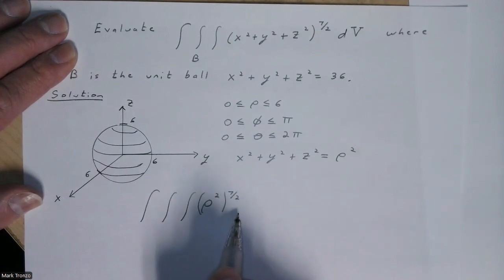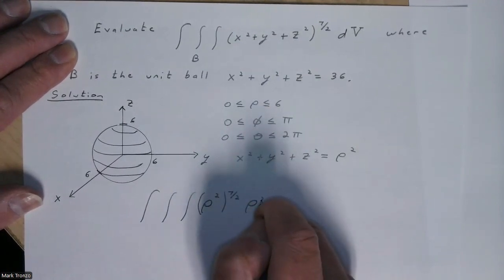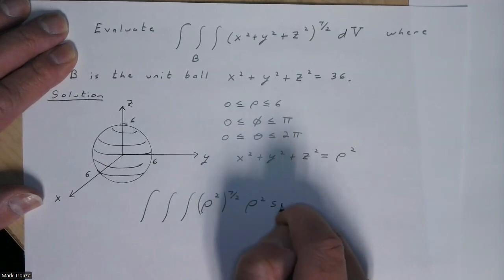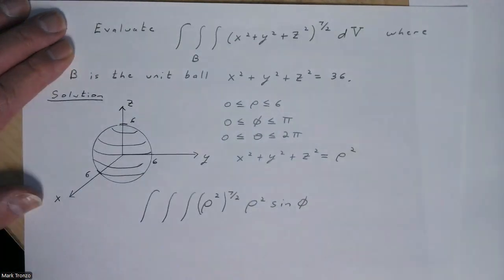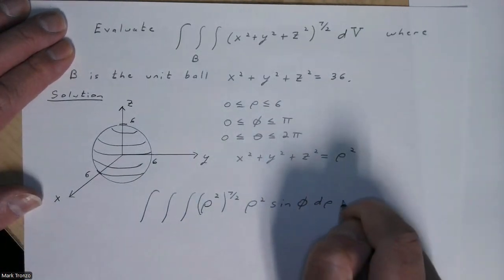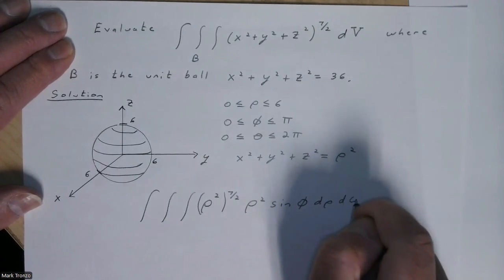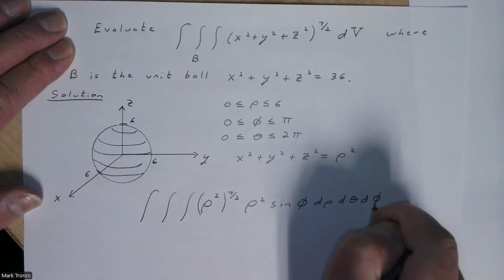And again, we always have to have our Jacobian, which is rho squared sine phi. And let's go from d rho, d theta, d phi.